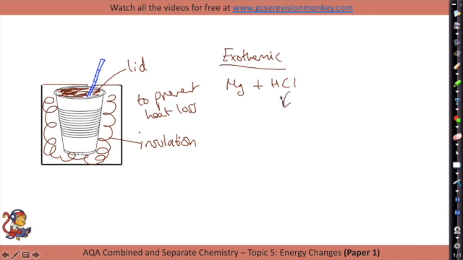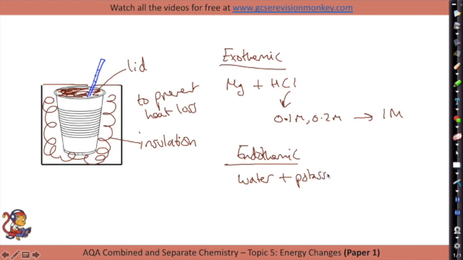You might want to change the concentration of the acid, for example, maybe use 0.1 molar, 0.2 molar, etc., maybe up to 1 molar, and then you could see the effect that that has on the temperature change in the reaction. You could also do an endothermic reaction if you wanted to. For example, you could have water and something like potassium chloride.